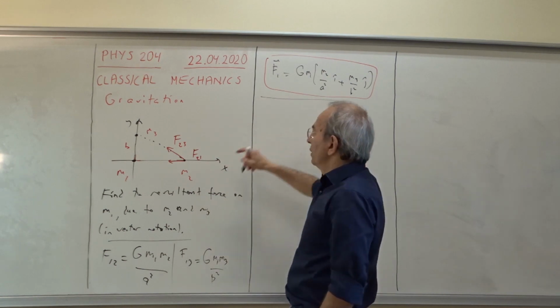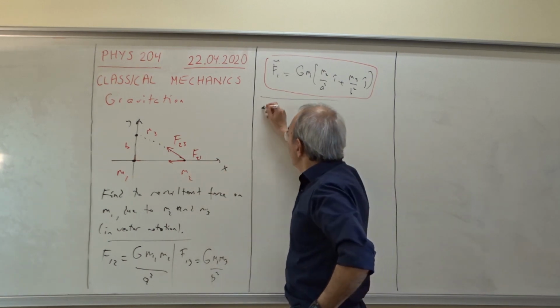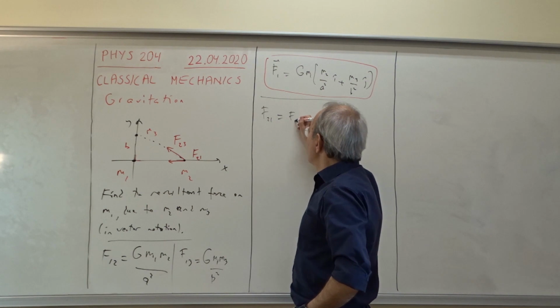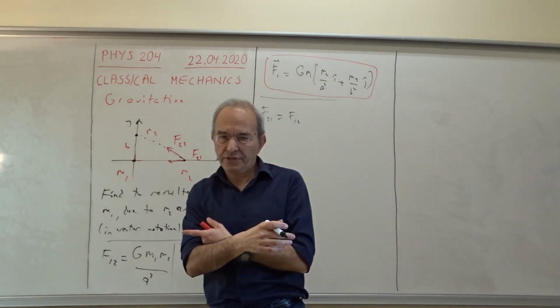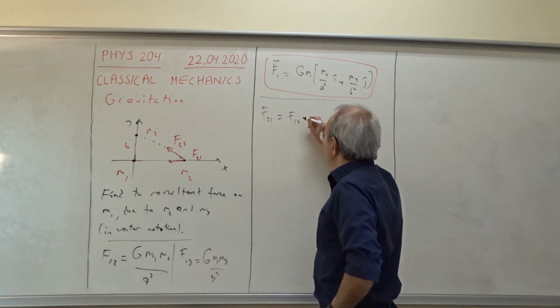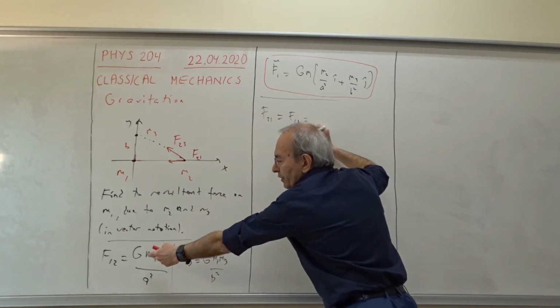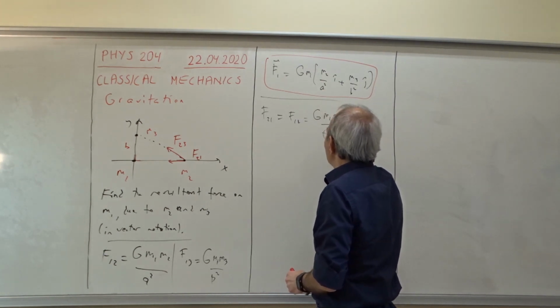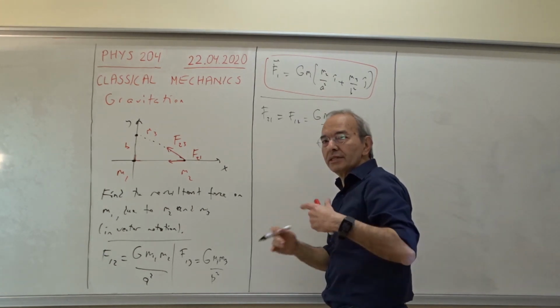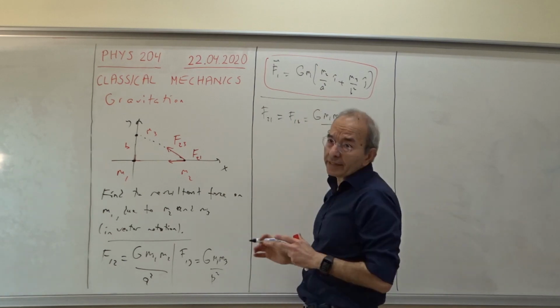What is this F21? Of course, F21 is the same as F12 in magnitude, but directionally they are opposite vectors. So what is that F12? Whatever we write here, G times M1 M2 by A squared. But this is just the magnitude.